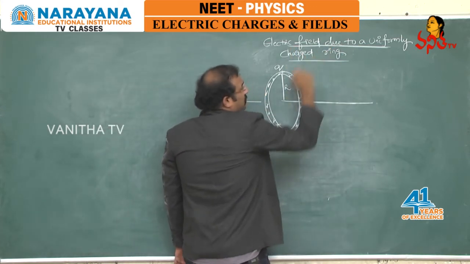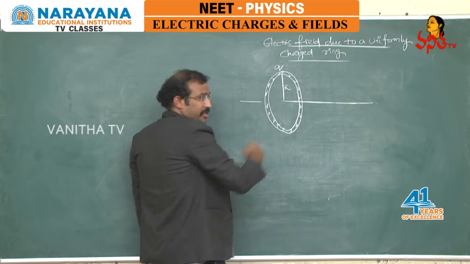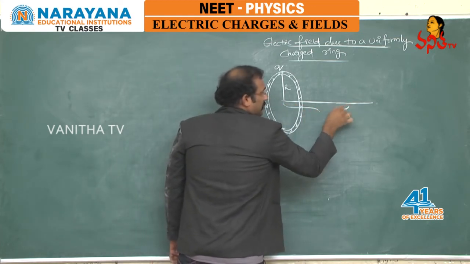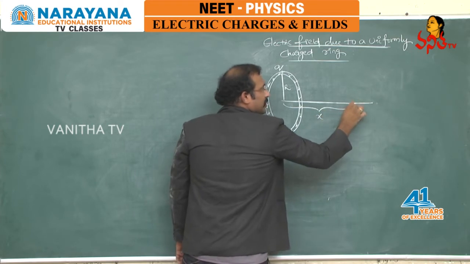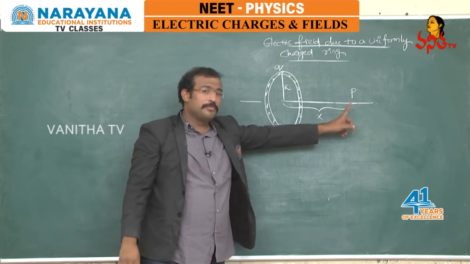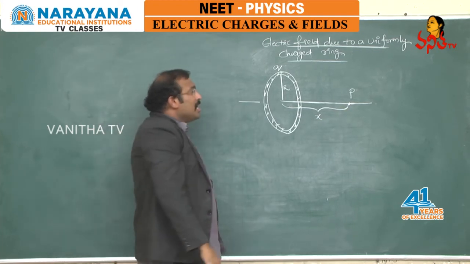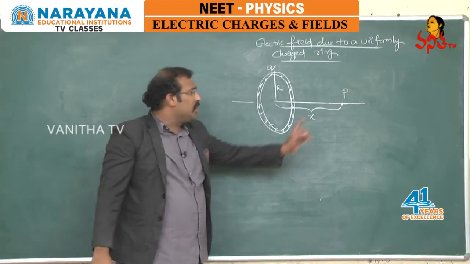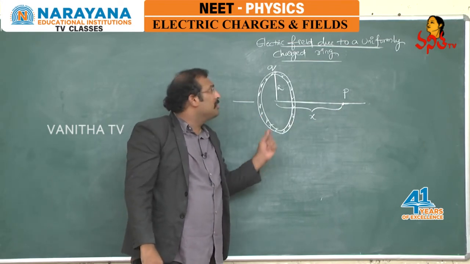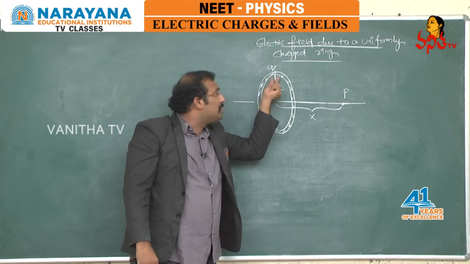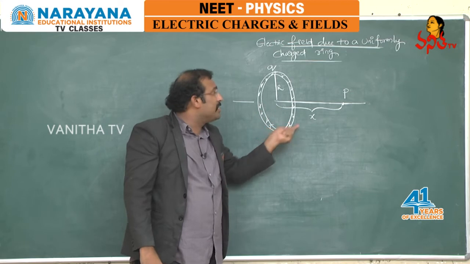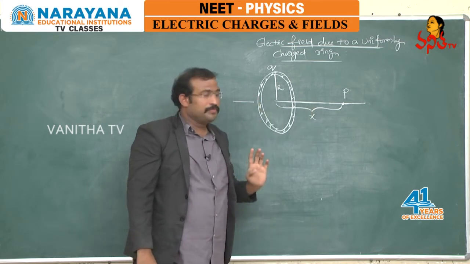Then what is the electric field due to this charged ring upon the axis at a distance x from its center, let it be at a point P? In order to find the electric field due to this charged ring, first we will find the electric field due to a small charged element, and then we will integrate it for the entire ring at that point. Let us see.